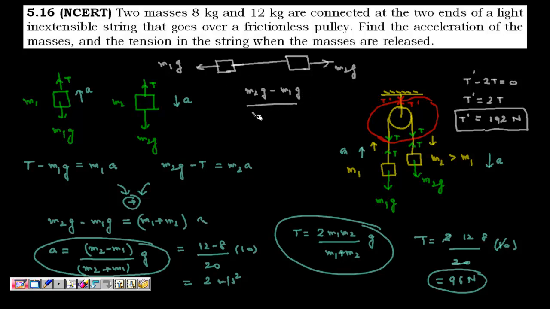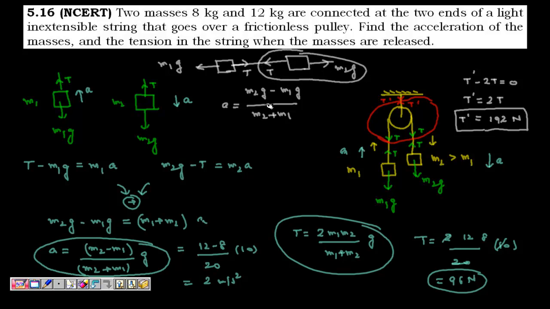And what is the mass of the system? It is m2 plus m1, and from here you will get the result for the acceleration. See, it is the same. And if you want to find the tension, use the free body diagram for the situation.